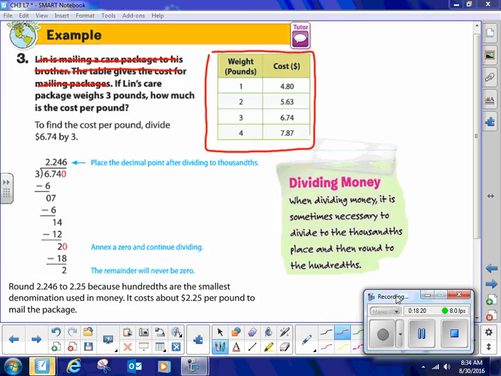If Lynn's care package weighs 3 pounds, how much does it cost per pound? Here's the 3 pounds. Here's how much it costs. It wants to know cost per pound. Now if I were to do this, I don't have anything to circle. I circle over here because it's in here. I did my circle over here.